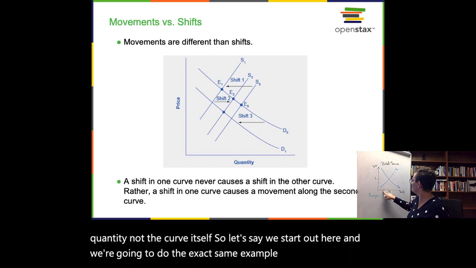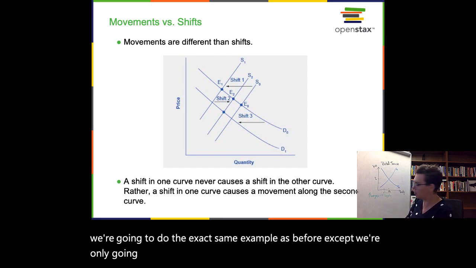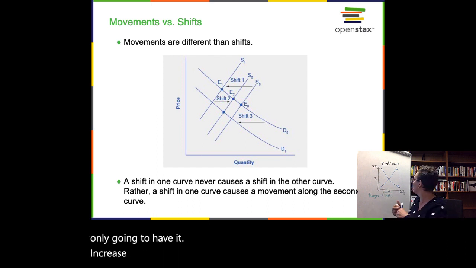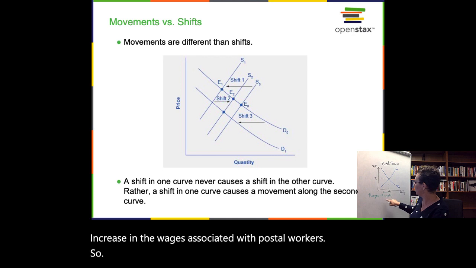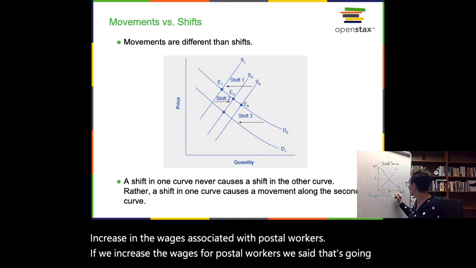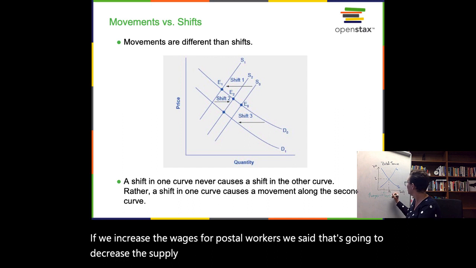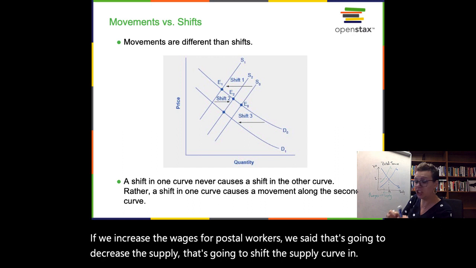So let's say we start out here, and we're going to do the exact same example as before, except we're only going to have an increase in the wages associated with postal workers. So if we increase the wages for postal workers, we said that's going to decrease the supply. That's going to shift the supply curve in. So that's a shift, right?